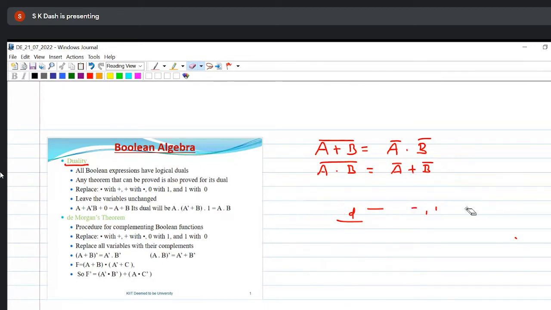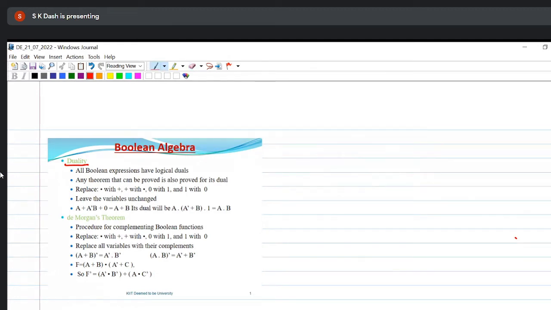Either you can follow this step or you can directly apply De Morgan's theorem. From that also you'll be able to find the complement. So let us see. The function is given as a plus b dot a bar plus c. We want to find its complement.